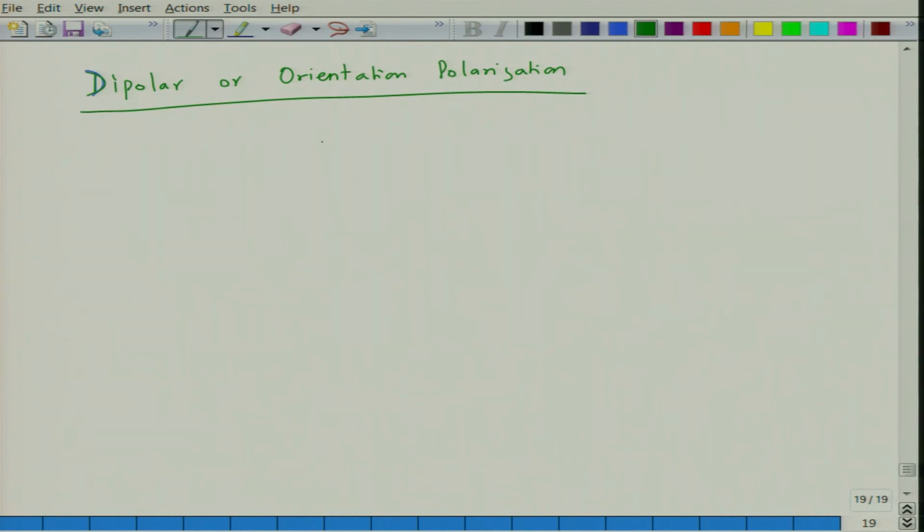It happens in systems where each molecule itself has a dipole moment. For example, water is an asymmetric molecule. So generally it happens in systems with asymmetric molecules.